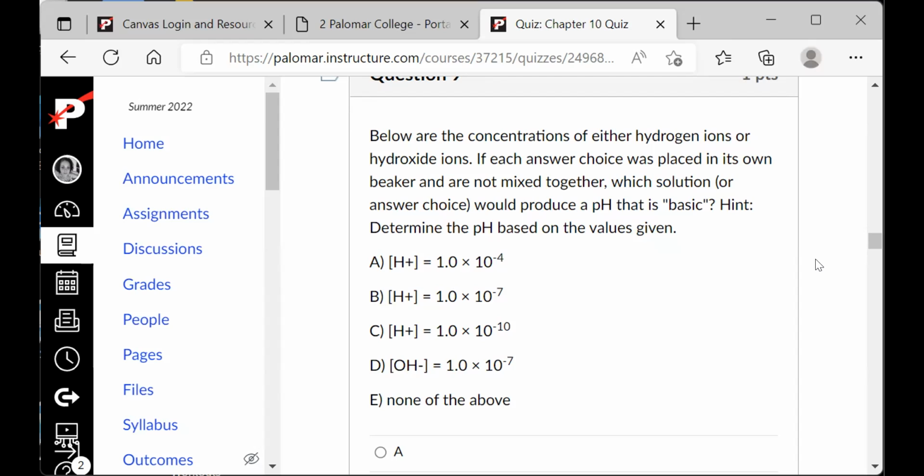That's just one of those shortcuts that you learn from experience or from the notes in class: whenever the coefficient, the number before the times 10, is 1.0 or 1.00, don't even plug it into the calculator. Look at the exponent, turn it into a positive number. That's your pH.